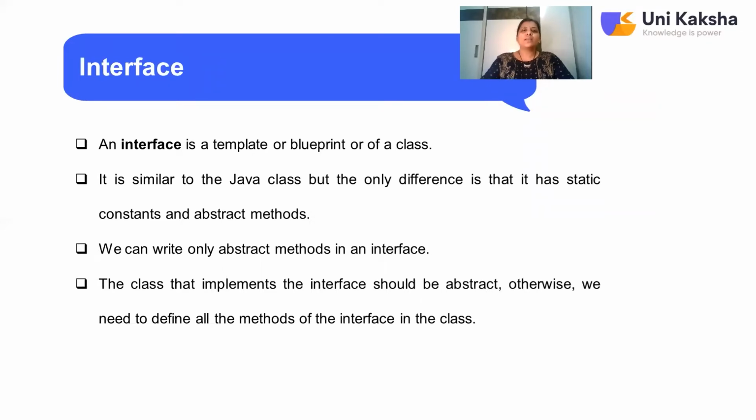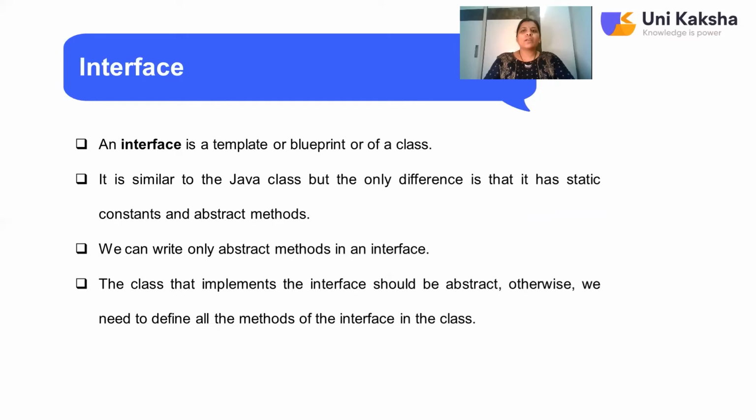So basically, an interface is considered a blueprint or template of your class. It is similar to a class, but there are some differences. The main difference is that it uses only static constants and abstract methods, whereas in a class we include almost everything, like variable declarations, non-abstract and abstract methods.